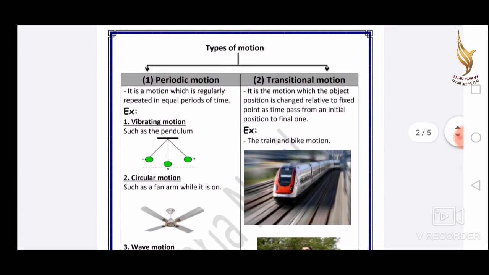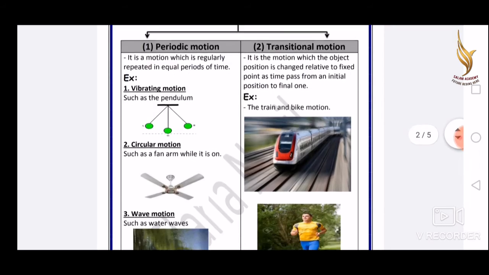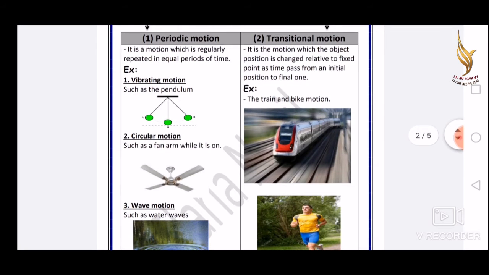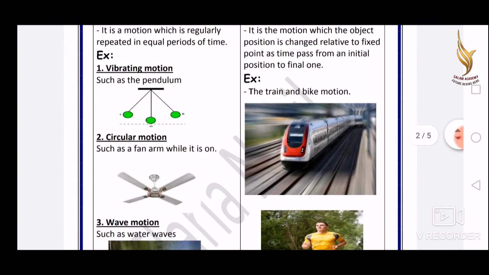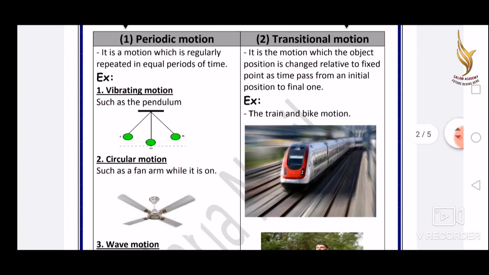Second, we talk about transitional motion. Transitional motion, like train motion, bike motion, car motion, person motion. All this is called transitional motion. Transitional motion means the object changes its position relative to the fixed point as time passes from the initial position to the final position.